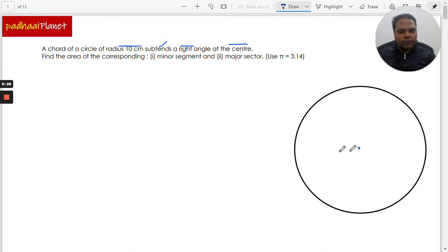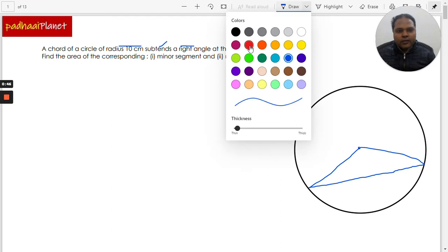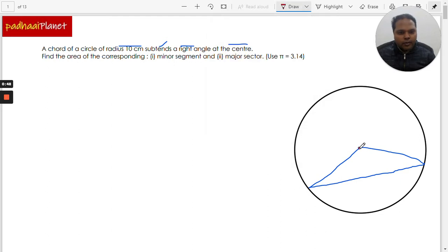On this figure here, this is one radius, and say this is the other radius. So that means this is going to be the chord of the circle. Right. Now let's highlight these important points.